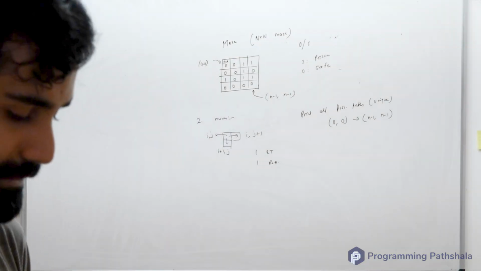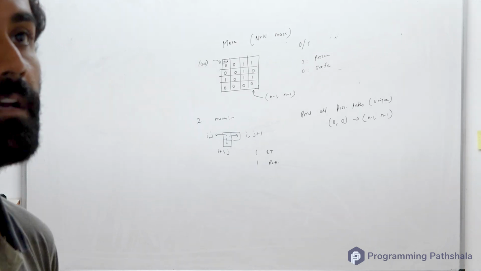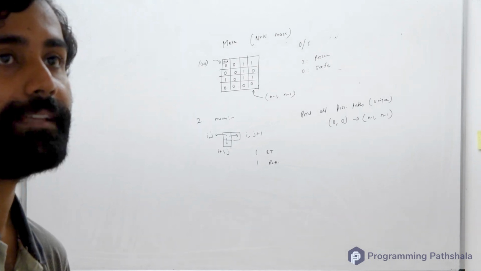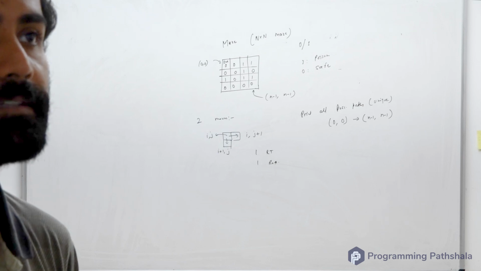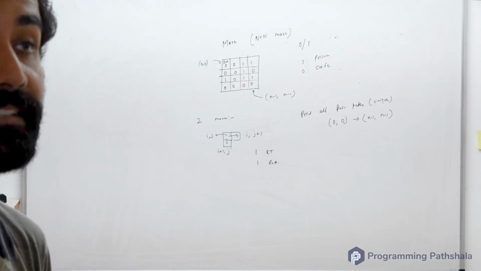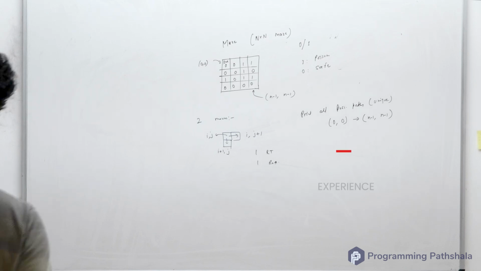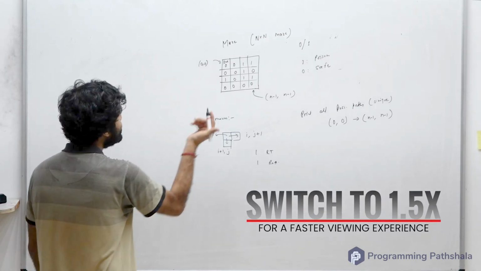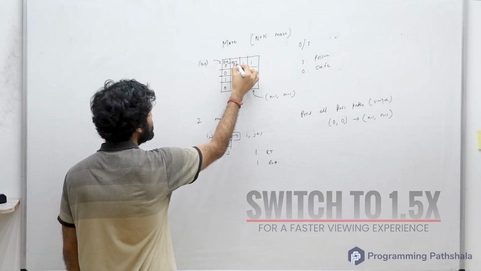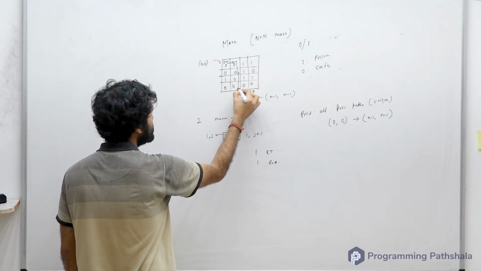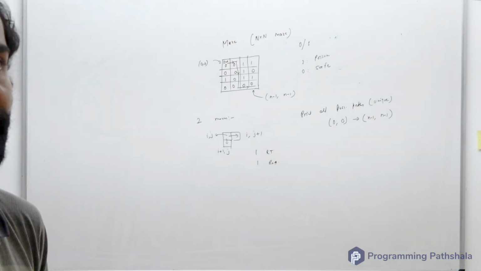So tell me one thing first, how many paths do you see here? How many paths are there which is going to take the rat from 0 0 to n-1 n-1? Somebody said that there are 0 paths. I'm not sure why you said that, because I can clearly see one path is there, like this, and then like this, and then like this. This is one path for sure.